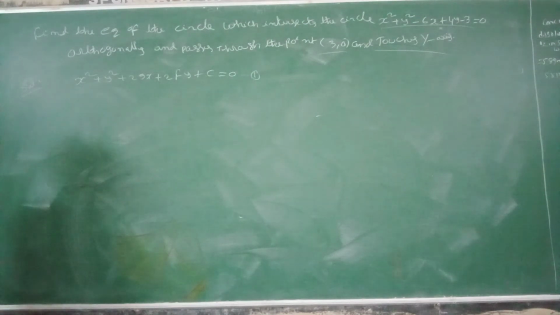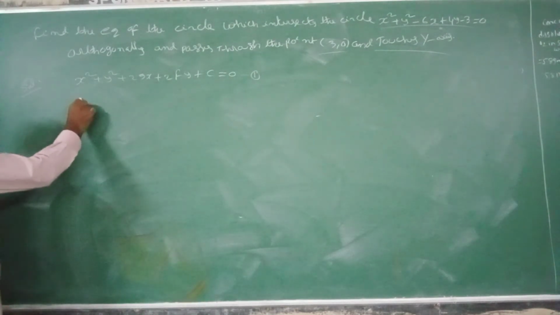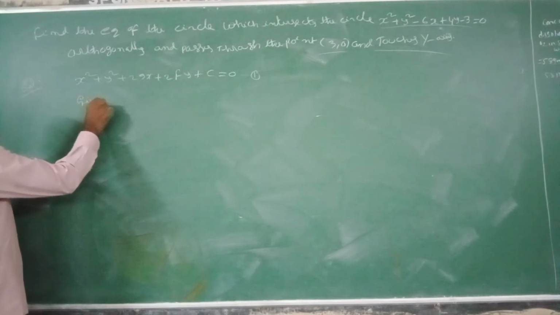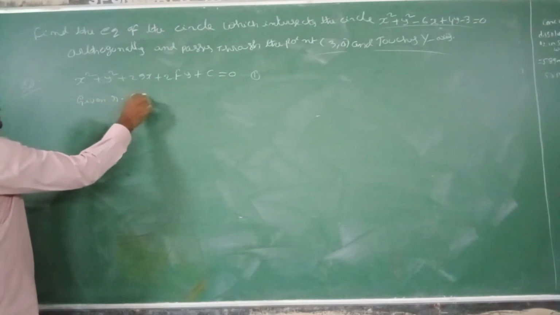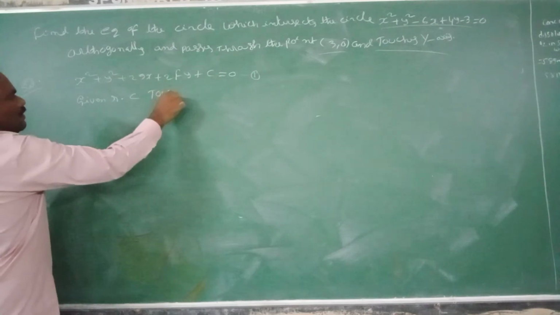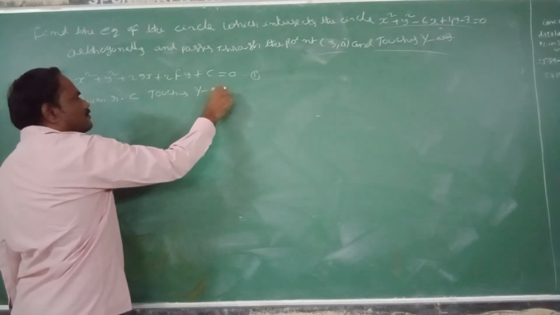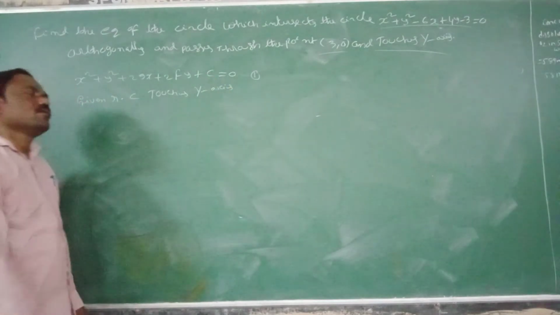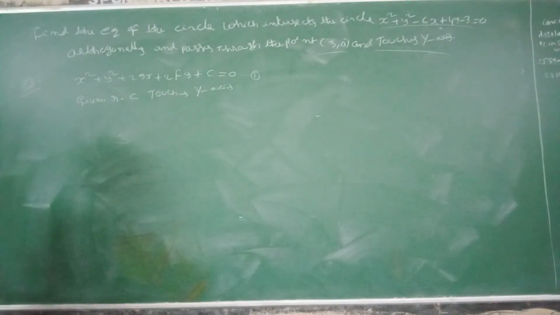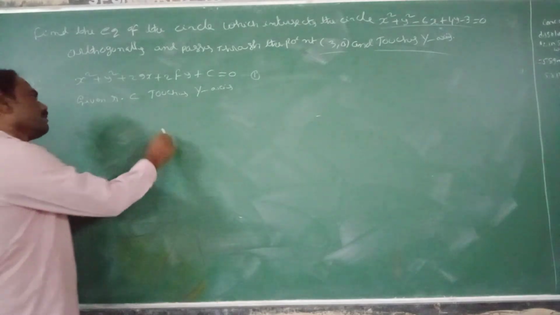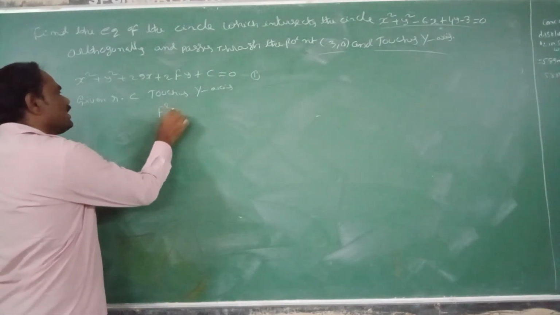Given the required circle touches the y-axis, we know that f squared is equal to c.